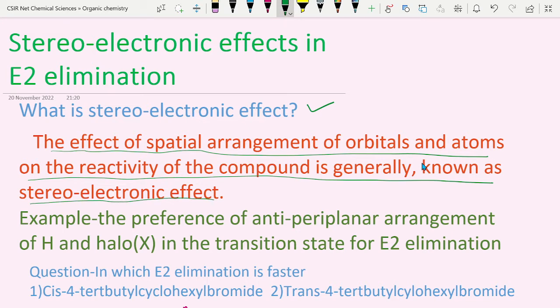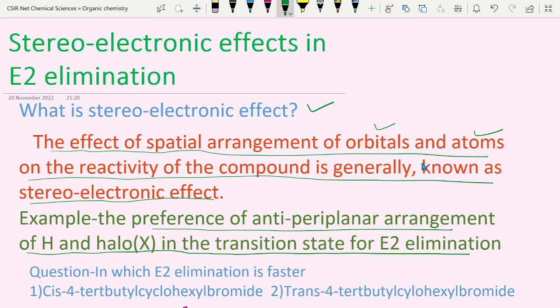So, the spatial arrangement of orbitals and atoms, and how it affects the reactivity of the compound, is known as the stereoelectronic effect. For example, the preference for an anti-periplanar arrangement of hydrogen and halogen in the transition state for E2 eliminations.